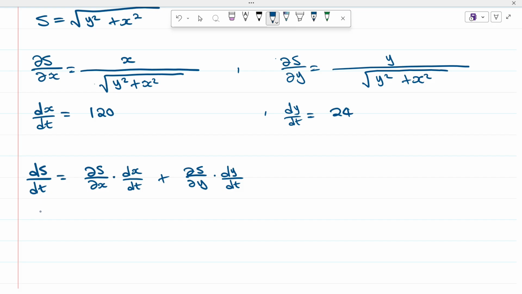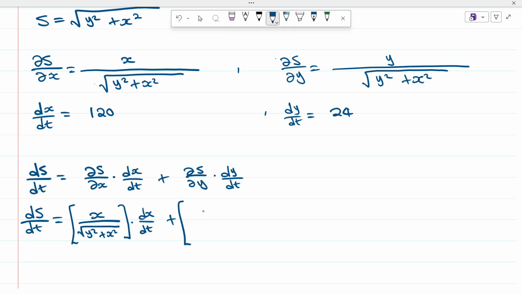From here we can then substitute our equations from before. So I'm going to substitute x divided by the square root of y squared plus x squared multiplied by the rate at which x changes with time, plus y divided by the square root of y squared plus x squared multiplied by the rate at which y changes with time.